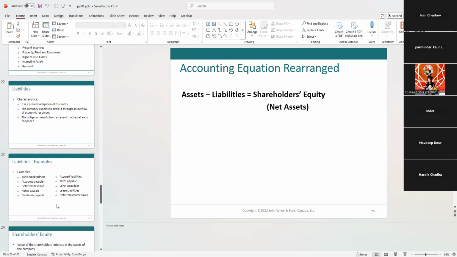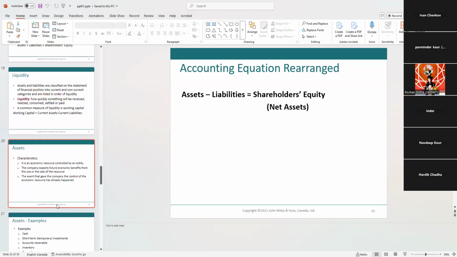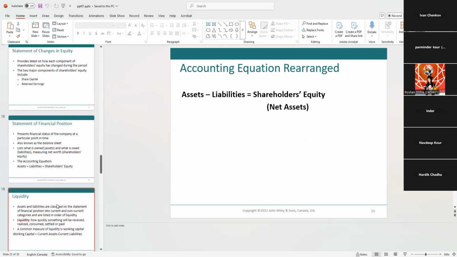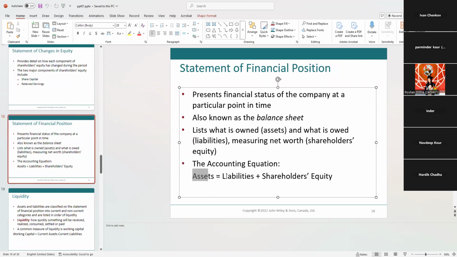Assets are always equal to liability and equity. Always keep in mind, assets are always equal to liability and shareholders' equity. So whatever you have as assets came from investments from the shareholders or borrowings from the creditors.